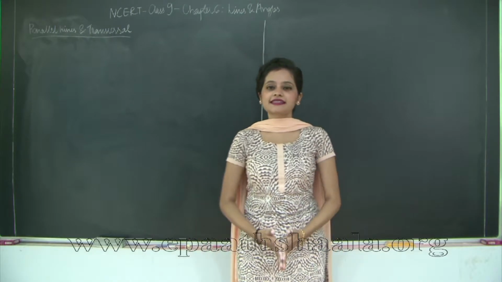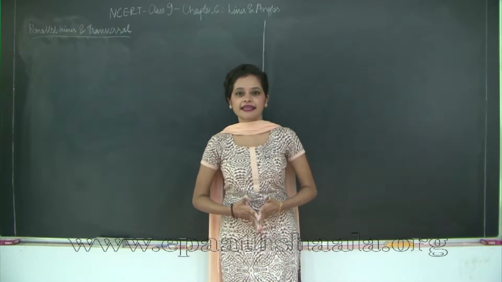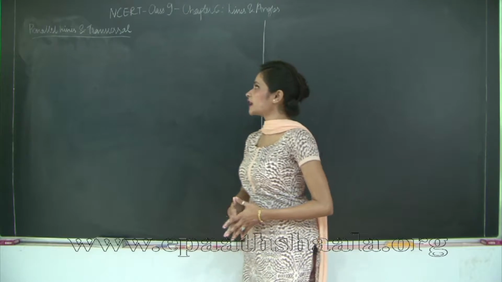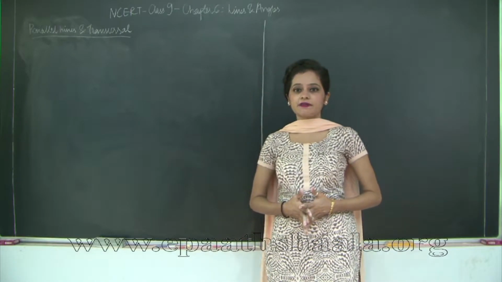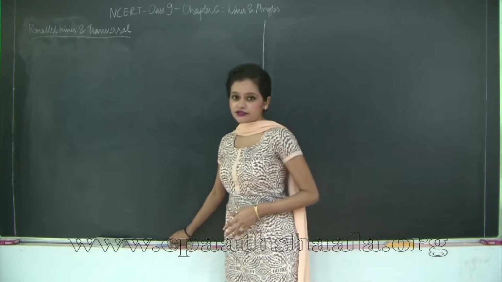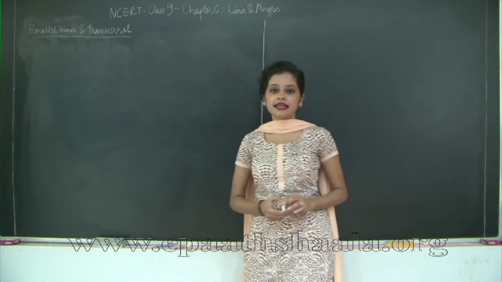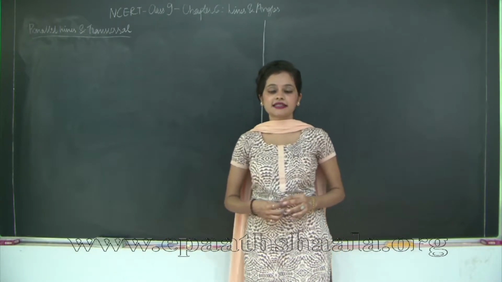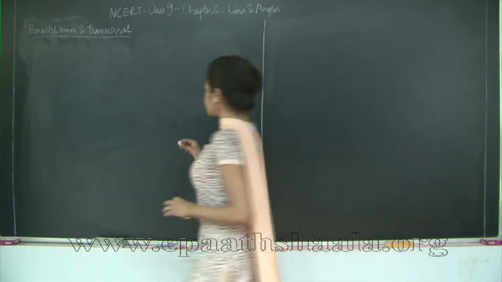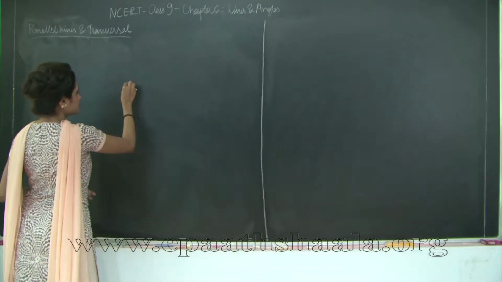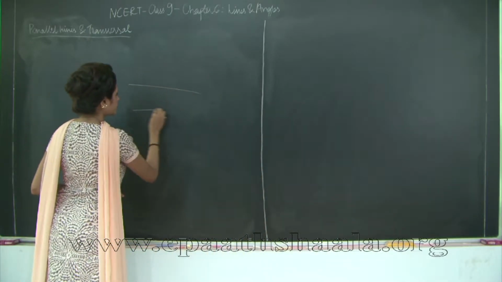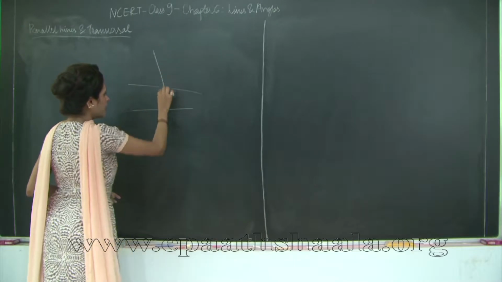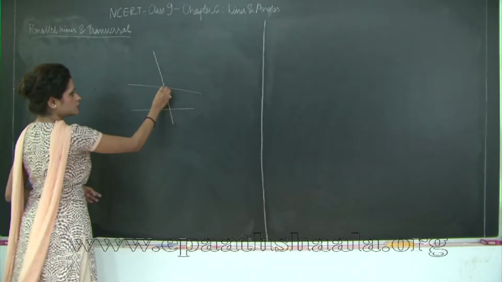Hello students, let us continue with chapter 6, lines and angles, and the new topic to be covered is parallel lines and transversal. So what do you know about transversals? Transversal is a line that intersects two or more lines at distinct points, correct? So let's say I have two lines, and I have this line intersecting these two lines.